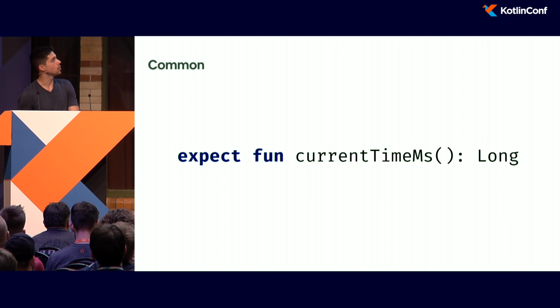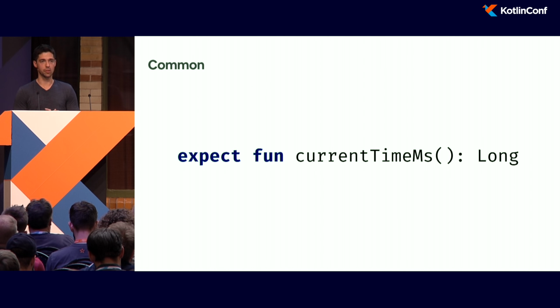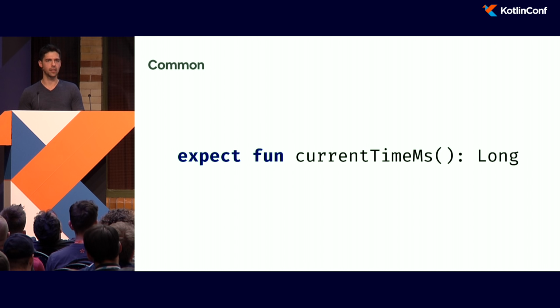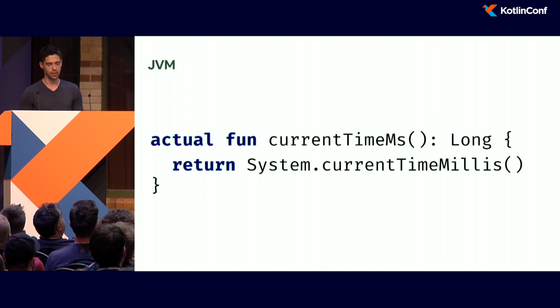Another thing you can do is expect on functions. You can expect top-level functions to exist, and it just works out of the box. You can even expect extension functions, which is also pretty powerful. In this case, I'm trying to use an implementation for a function that gives me the current time in milliseconds, which is something you might have seen on Android.